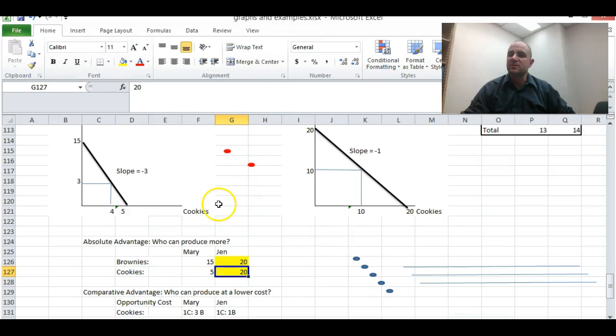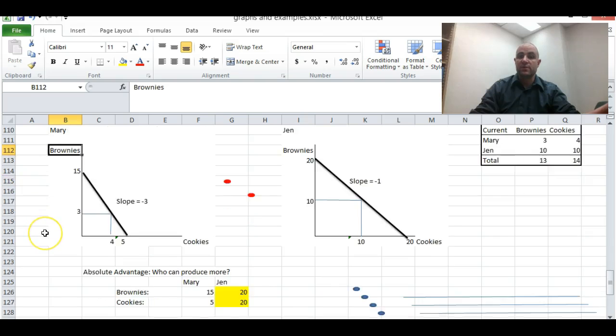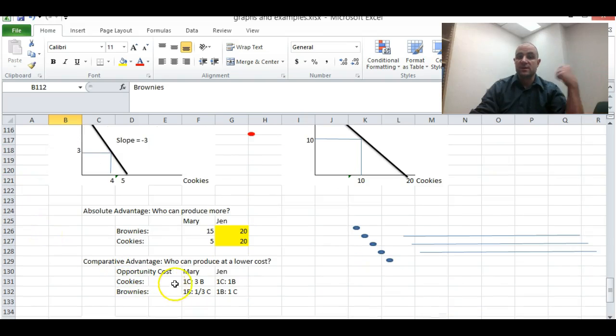Let's see who gives up less. For Mary, the opportunity cost of 1 cookie is 3 brownies. And so, again, using the trick, the opportunity cost of 1 brownie is 1/3 of a cookie.